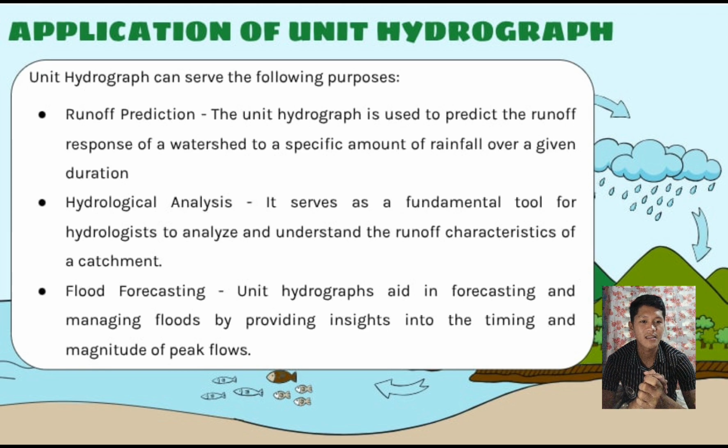Hydrological analysis. It serves as a fundamental tool for hydrologists to analyze and understand the runoff characteristics of a catchment. And flood forecasting. Unit hydrograph aids in forecasting and managing floods by providing insights into the timing and magnitude of peak flows.